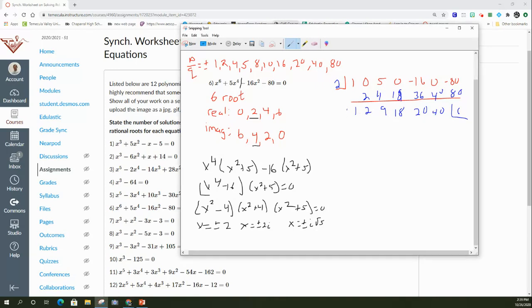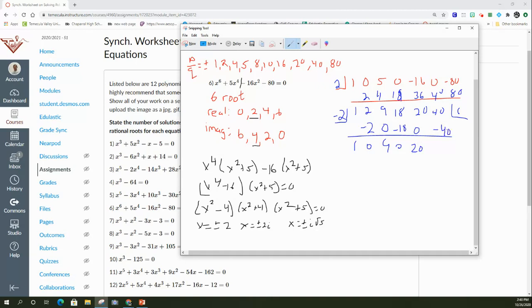Since I know it's going to work, I'm going to go ahead and plug in negative 2. Again, I know it's going to work because I already solved it using factor by grouping. Bring down the 1, multiply, add, multiply, add, multiply, add, multiply, add.